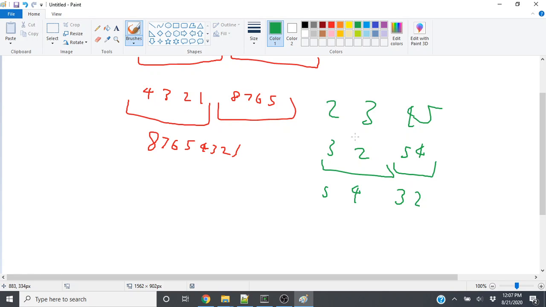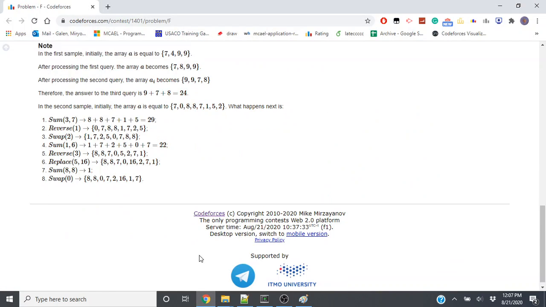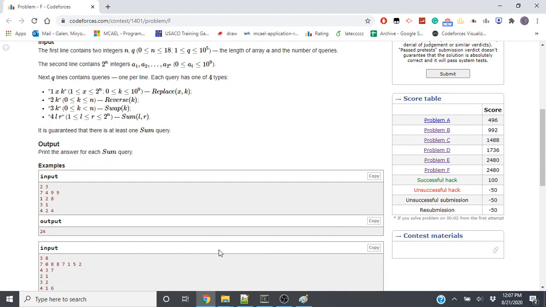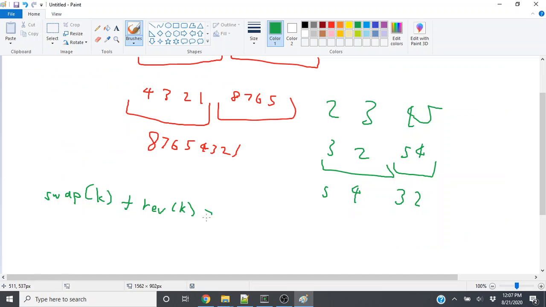It doesn't matter which order we do the operations in. So swap K plus reverse K is equal to reverse.